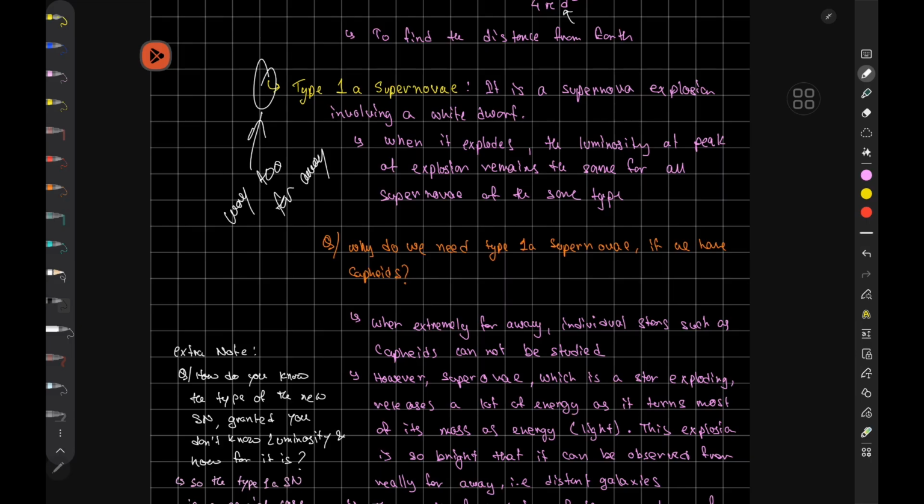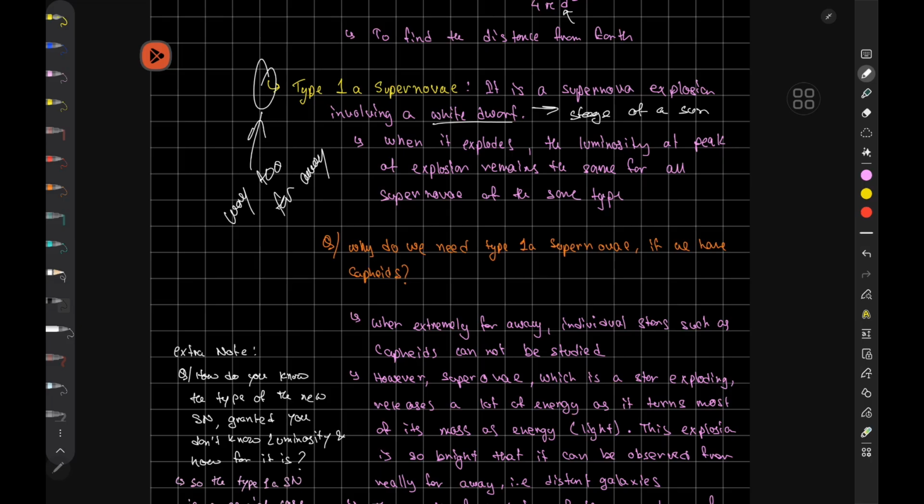Type 1a supernova, in essence, is nothing too complicated. It is an explosion of a white dwarf. White dwarf is a stage of a sun, if you guys are confused. Basically, the sun goes to a stage where it becomes a white dwarf.